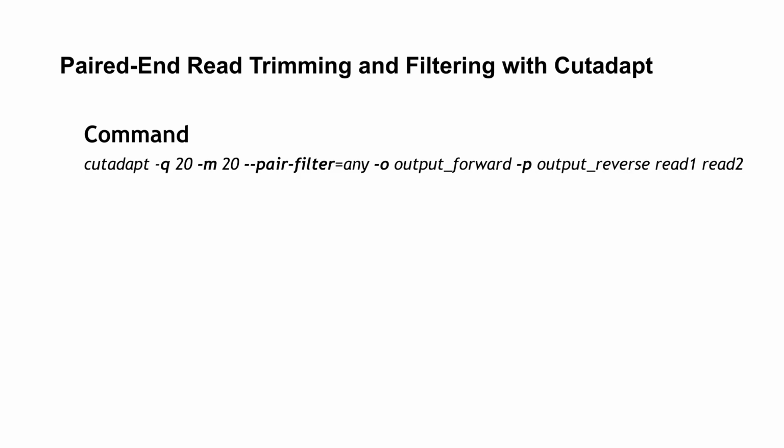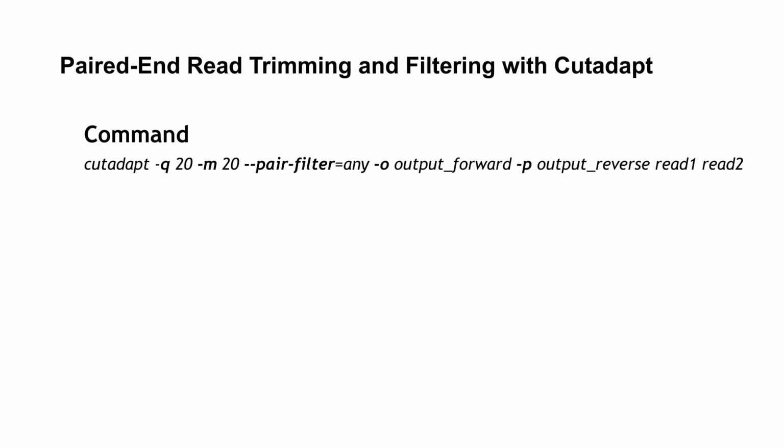With -o, you specify the name for the output forward reads. And then -p, you will use to indicate the name for the output reverse reads. So that's what you need to do.